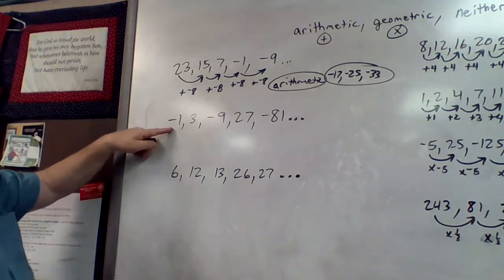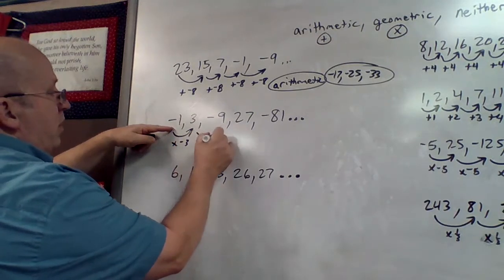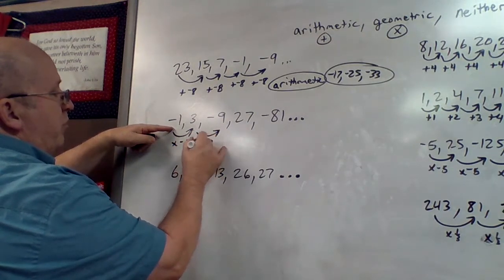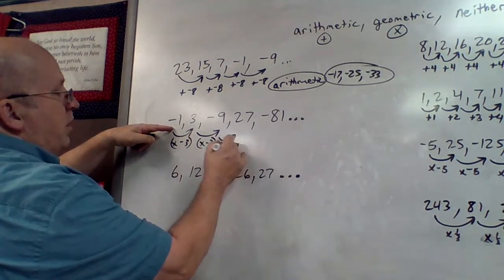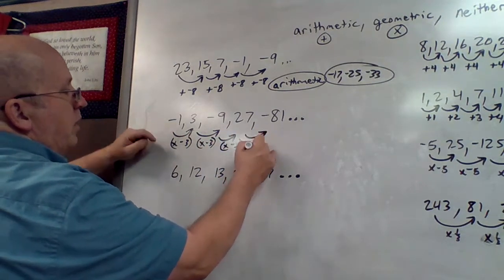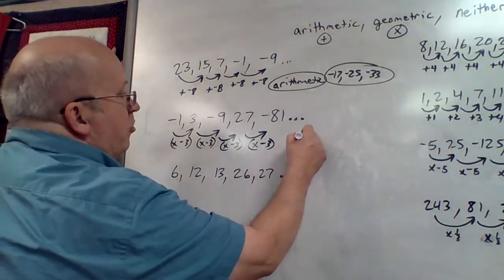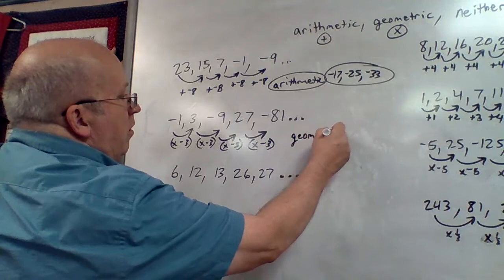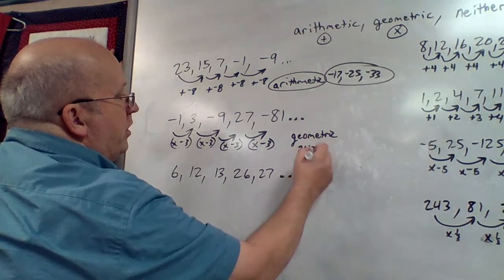How about this next one? Isn't it multiplying by negative 3, then multiplying by negative 3, and then multiplying by negative 3, and then multiplying by negative 3? Isn't that the pattern? That makes it geometric. And the next number in the pattern would be positive 243.